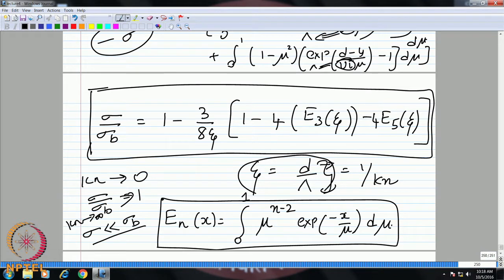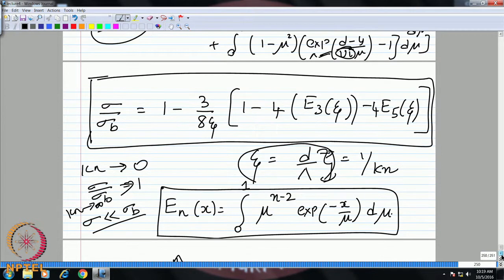In the same way, if you work out an expression for the thermal conductivity, whether it is thermal conductivity of only electrons or you take the case of phonons, you will get a similar expression, k by kb, similar to the ratio sigma by sigma b. So I think this is what we have seen.